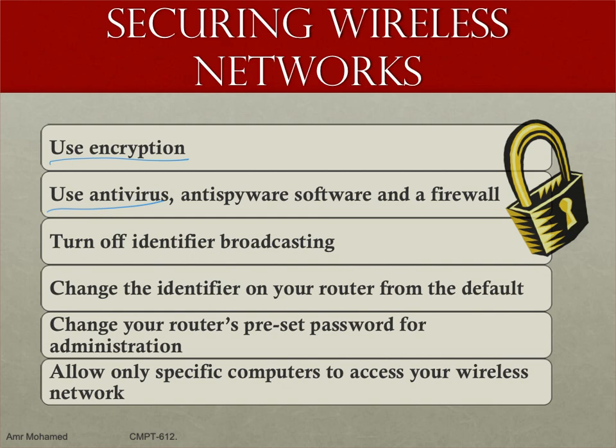My neighbor in the next home can actually connect to my wireless router configuration, say admin, get inside and change everything, and all of a sudden I don't have any communication. So the first thing you should do is to configure the wireless router and change all the defaults to some specific values: SSID, the preset user ID and password, and so on.